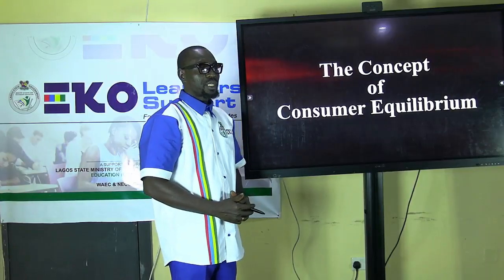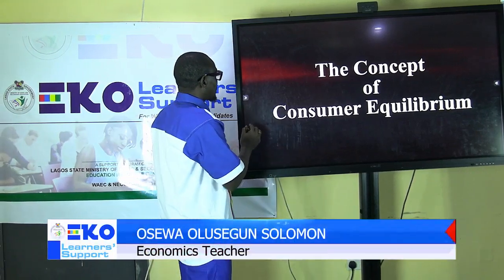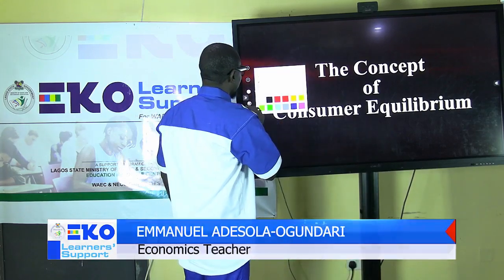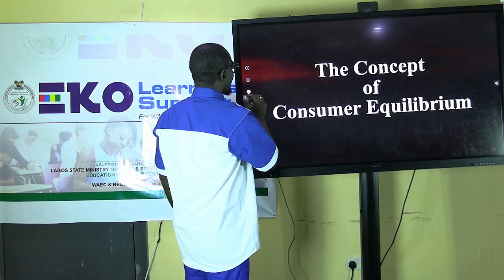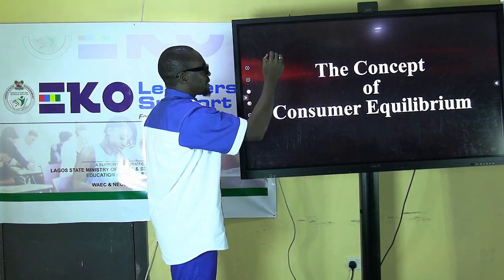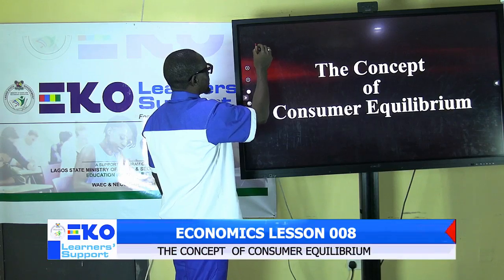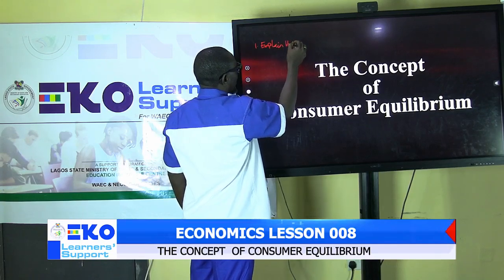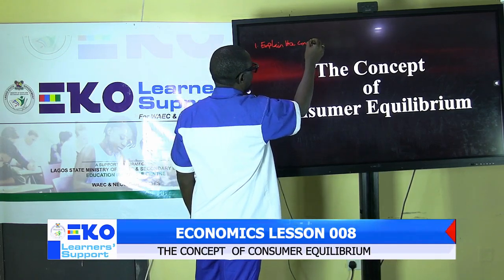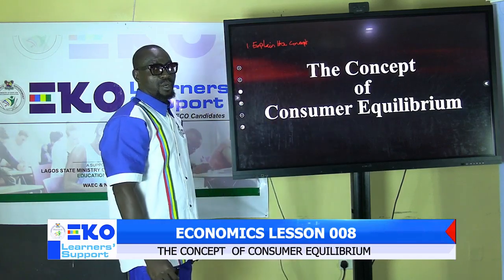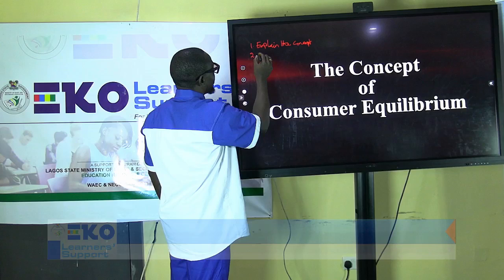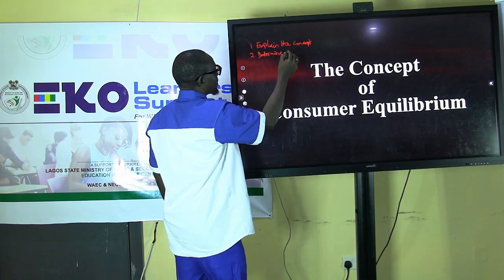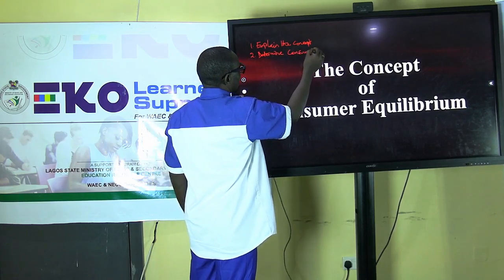In this topic, we would set our objectives to include that students will learn to explain the concept itself, that's the concept of consumer equilibrium, and two, we'll learn to determine consumer equilibrium.